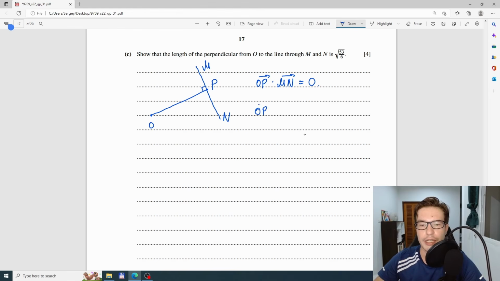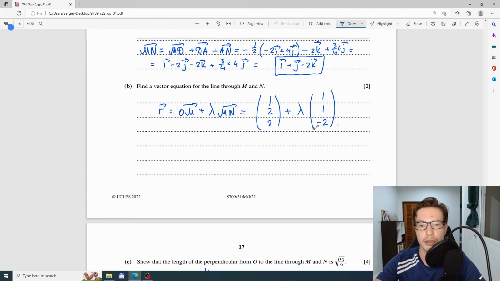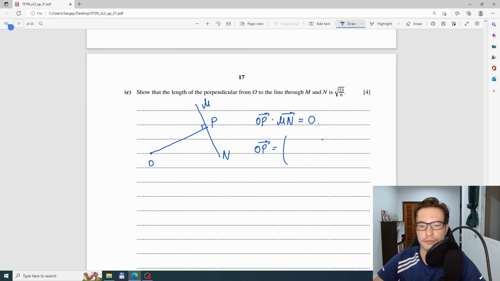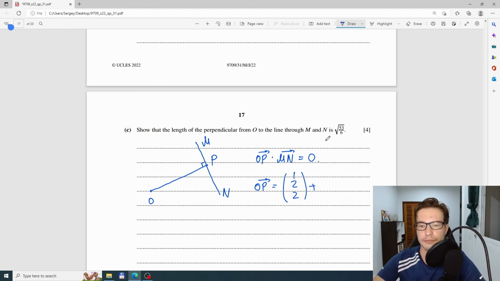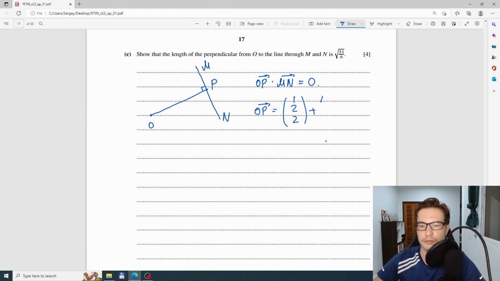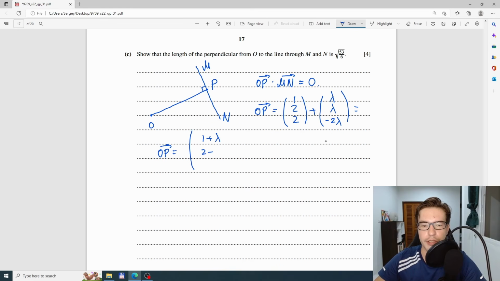So using that equation, I could say that OP equals, let's have a look at our equation, it's (1, 2, 2) plus, let's multiply this factor by lambda, we get lambda, lambda, and minus 2 lambda. Now combine this together, and we get OP equals (1 plus lambda, 2 plus lambda, 2 minus 2 lambda).